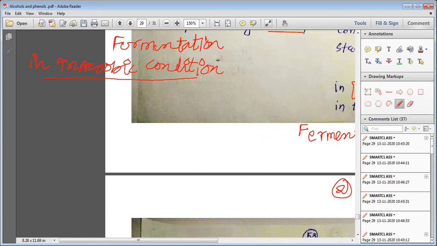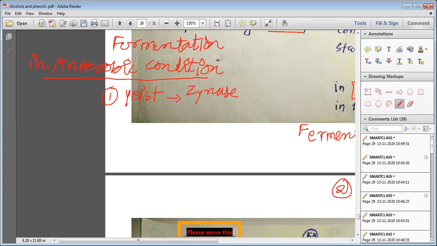Number one, yeast gives us the zymase and invertase only in the anaerobic condition.